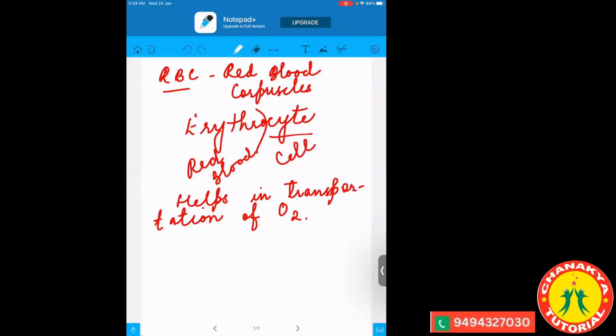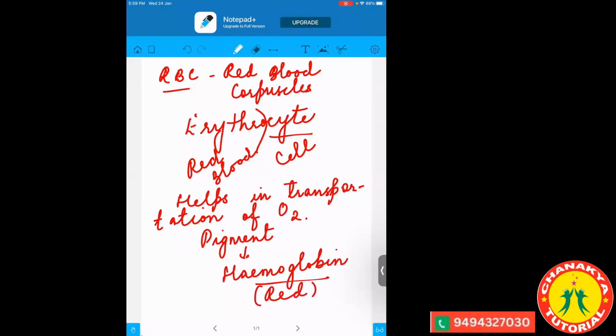The red blood cells are red in color because of a pigment called hemoglobin. Due to the presence of this hemoglobin only, the blood appears red to us.